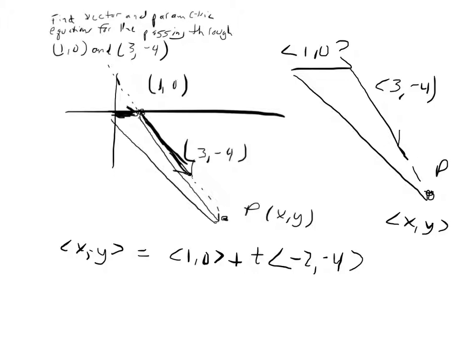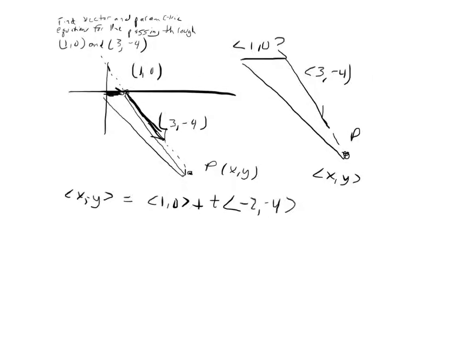And then if I want to go ahead and generate the parametric equations for that, I know that x is going to be 1 plus -2t, and y is going to be 0 plus -4t.